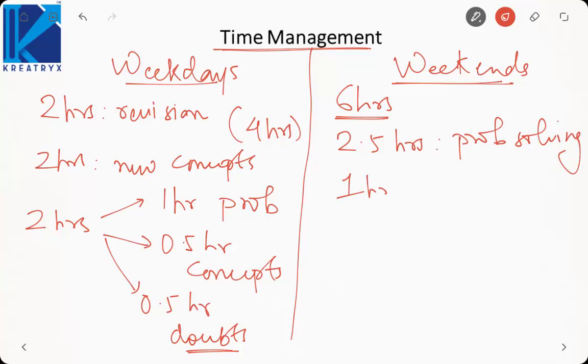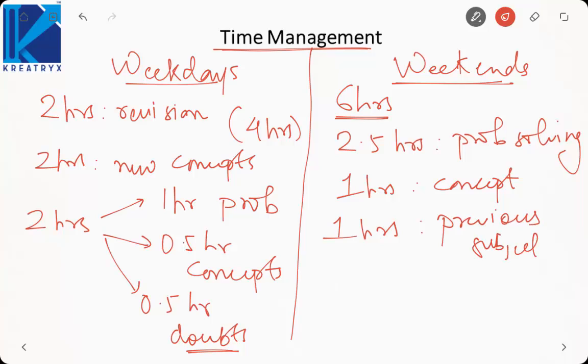Then 1 hour for concept, okay, that you must prepare using short notes. Then what you can do is 1 hour you can keep for your previous subject. Once you have the short notes, you can revise the previous subjects that you must dedicate 1 hour on weekend. And then how much time we have left is 1.5 hour.